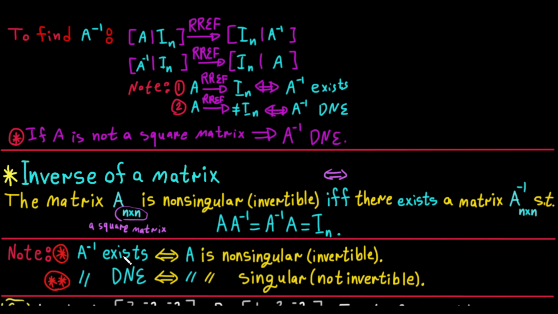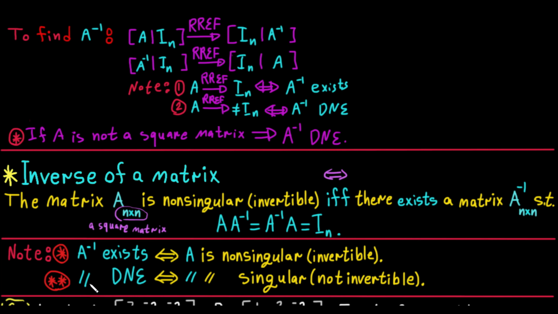If A inverse exists, then A is non-singular, or they call it invertible. If they tell you it's given that A is non-singular or invertible, then you have to know A inverse exists. Then you can apply this definition: if you multiply A by its inverse, you have to get the identity matrix.